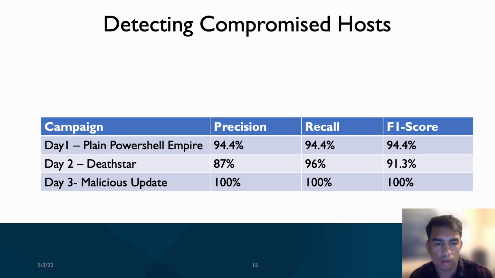Day 3 was more or less straightforward. It only impacted two different hosts, on each of which it performed more or less identical malicious Notepad++ update, and the subgraph corresponding to each of those hosts was scored particularly higher than the rest of the subgraphs, and we were able to detect them easily.